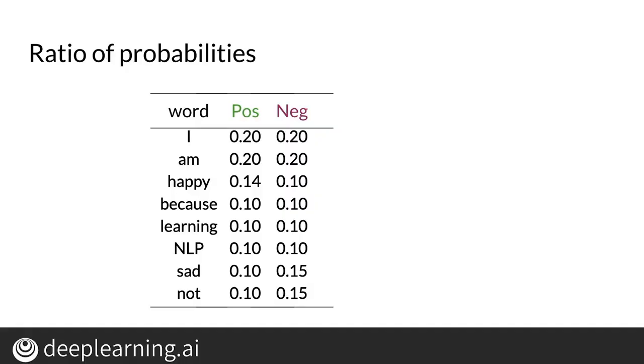In this video, I will introduce you to log likelihoods. These are just logarithms of the probabilities we're calculating from the last video. But they are way more convenient to work with, and they appear throughout deep learning and NLP. Okay, so let's go back to the table you saw previously that contains the conditional probabilities of each word, for positive or negative sentiment.